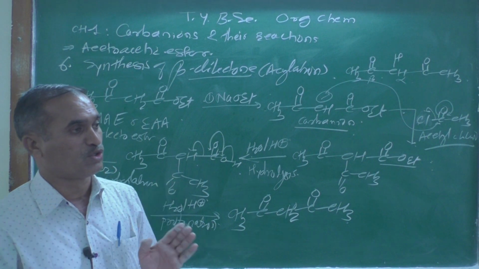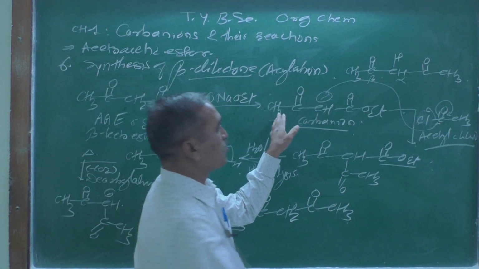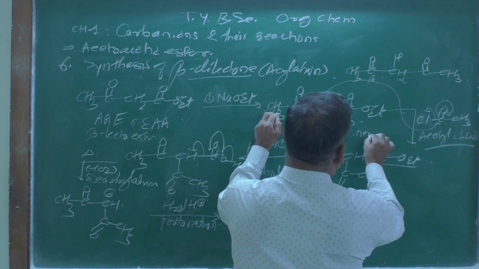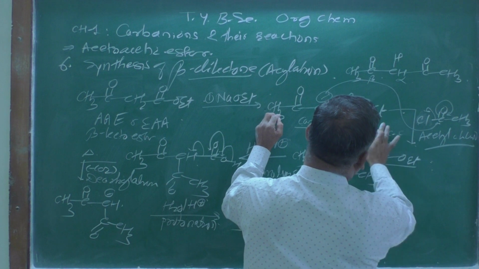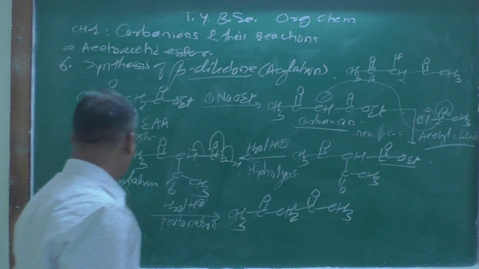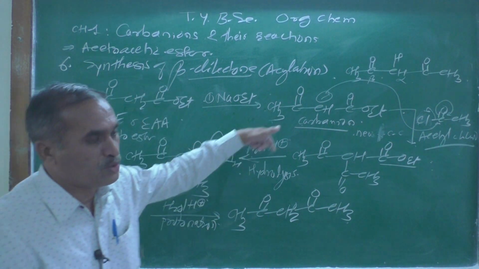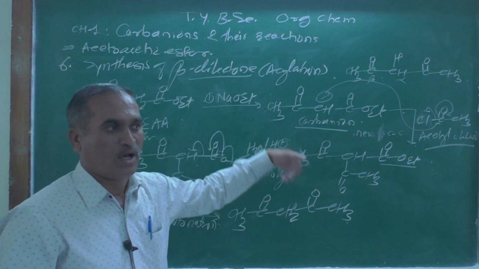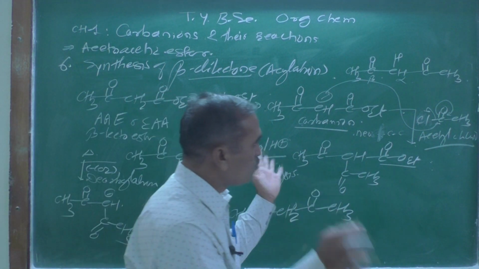Because as we know, carbanion means forming a new carbon-carbon bond. A new carbon-carbon bond should be formed there. But when that negative charge attacks a proton, resulting in a neutral molecule, there is no new bond, no new organic compound.